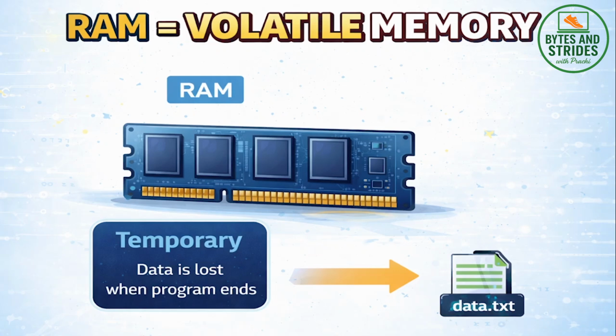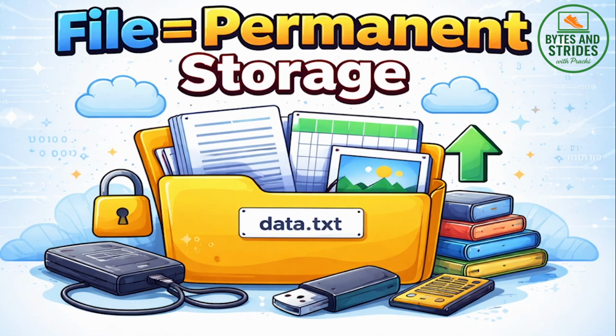Now just imagine a situation where I have entered loads of data today, and tomorrow when I come back, I have nothing. Everything is washed out. The solution is files. File equals permanent storage, because your file will be stored in maybe your hard disk.